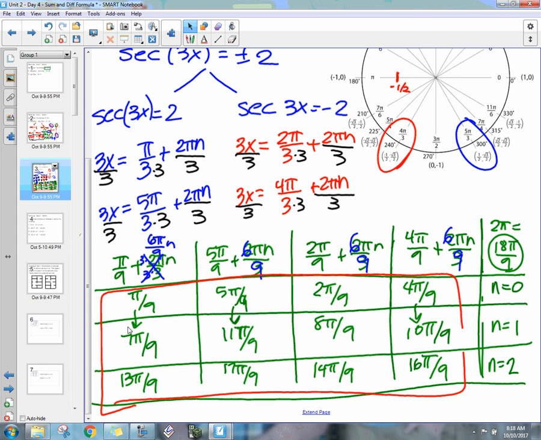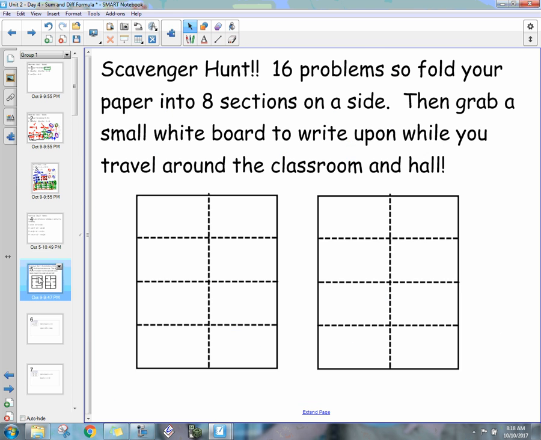All right, switching gears. Let's go back to the scavenger hunt. I'm recording this before I know how far you all have gotten. So I am leaving up the scavenger hunt posters around the classroom for today. And if we still need time, go ahead and grab a dry erase board that you used last time to write upon and your scavenger hunt sheet.